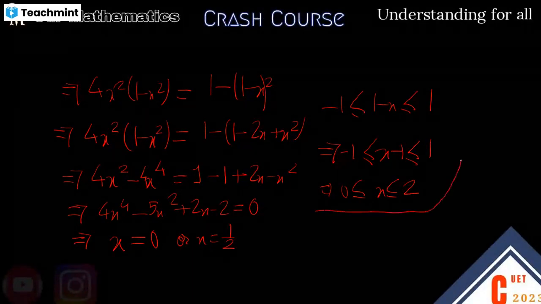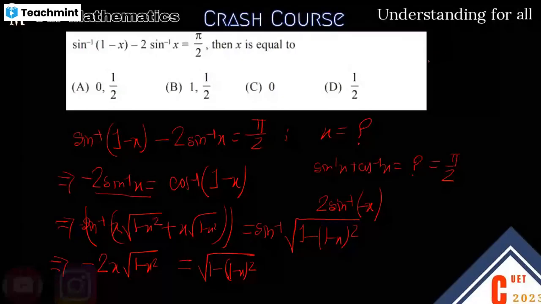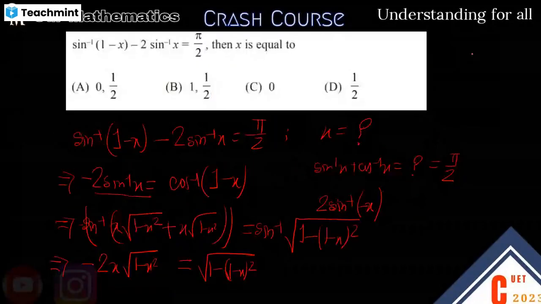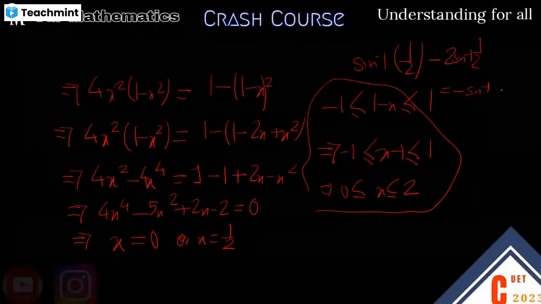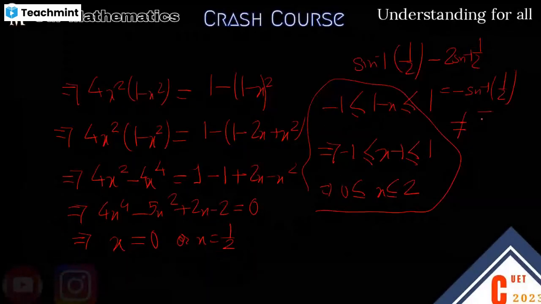However, if we use x is equal to 1 by 2 here, what we will get? Minus 2 of sin inverse 1 by 2 is equal to minus of sin inverse 1 by 2, which is not equal to pi by 2.